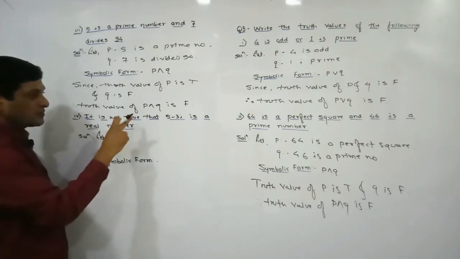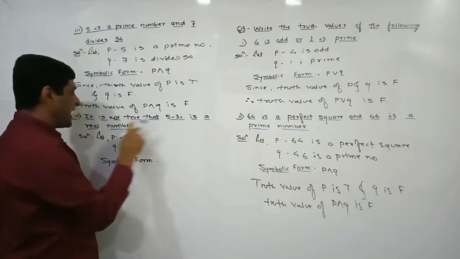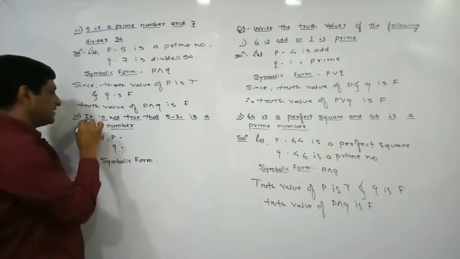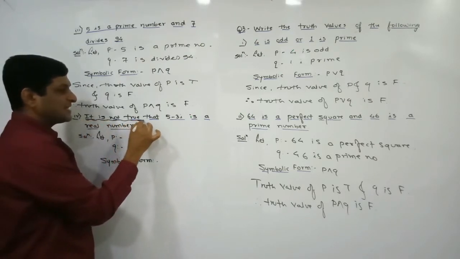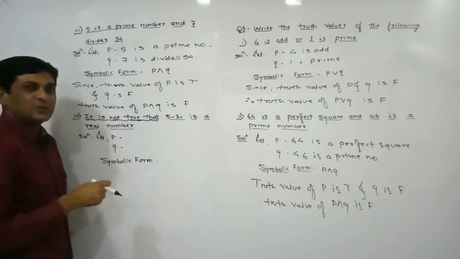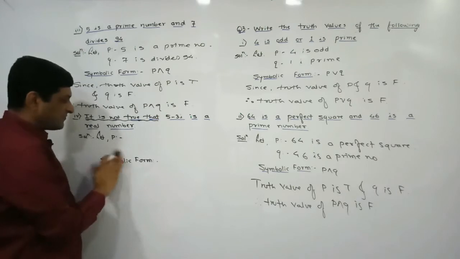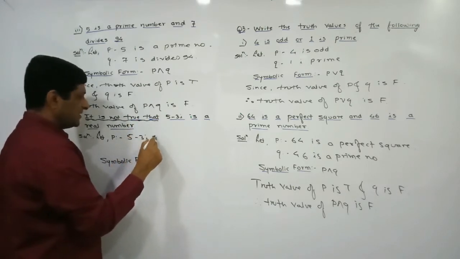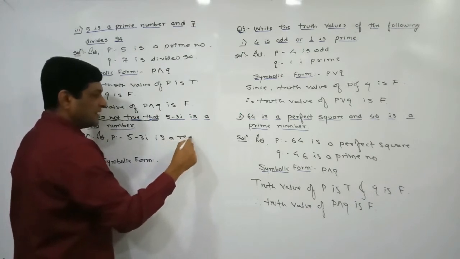So it is not true that 5 plus 3i is a rational number. Whenever a statement starts with "it is not true," first consider the part after it. What is the part after "it is not true"? That is, 5 plus 3i is a real number.